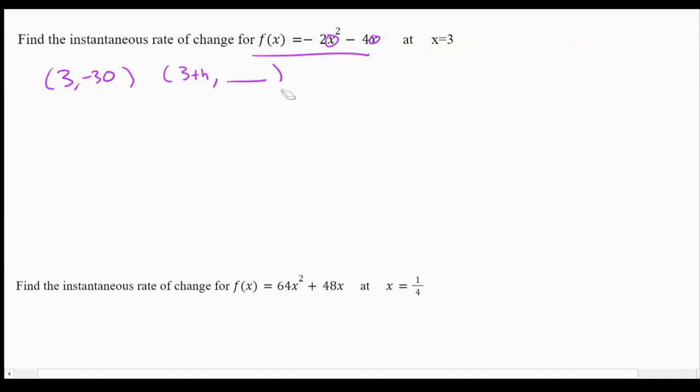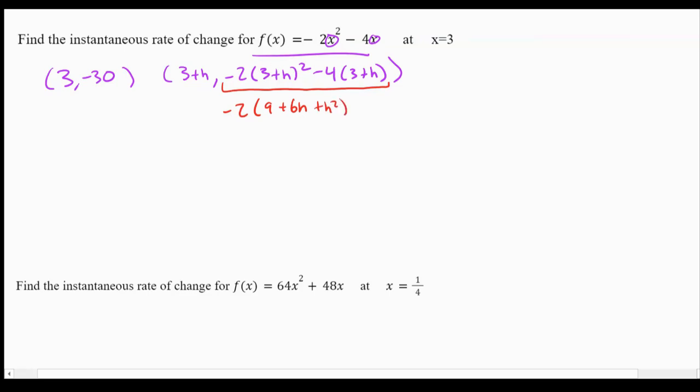My second point is going to get a little bit messier, so I'm going to plug in negative 2 times (3 plus h) squared minus 4 times (3 plus h). So I'm going to simplify this. This is where people make mistakes, me included. So I get negative 2 times (9 plus 6h plus h squared).